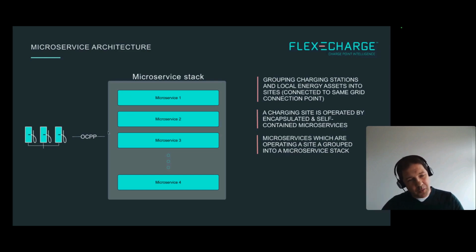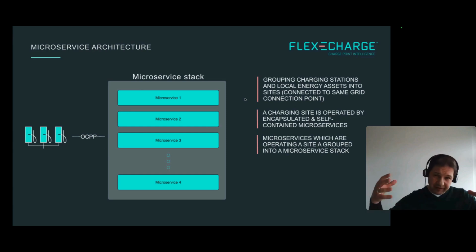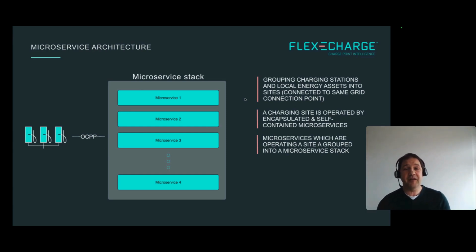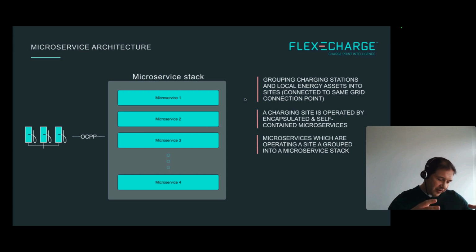When you use the Flexecharge data broker, one prerequisite is that we group charging stations and local energy assets into sites. Basically, that's everything which is connected to the same grid connection point. You will see that later.